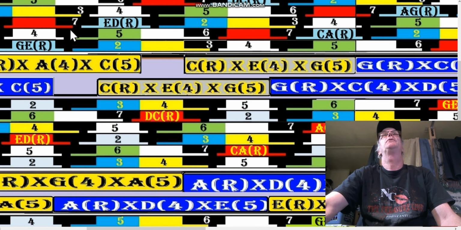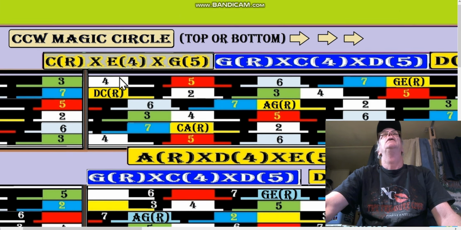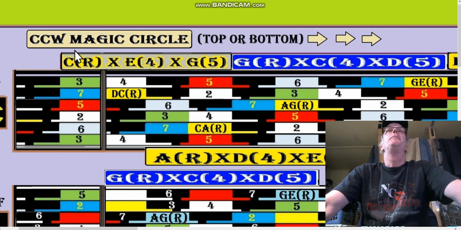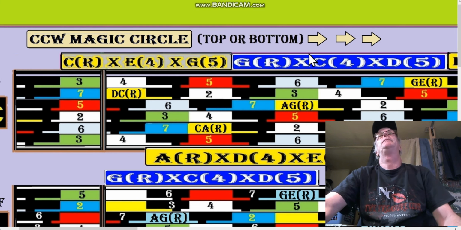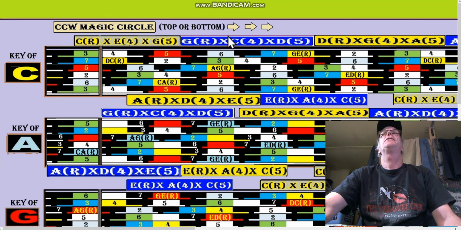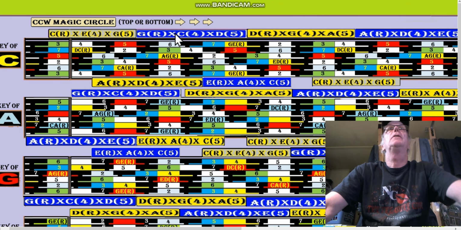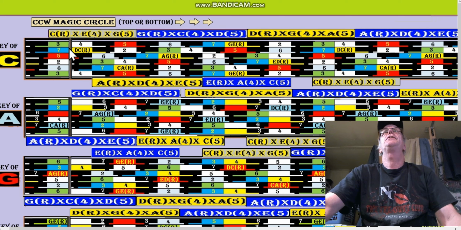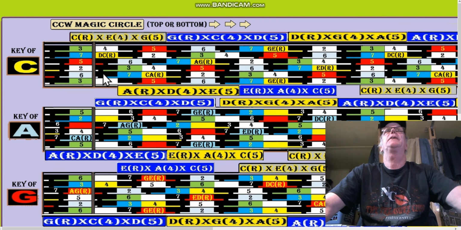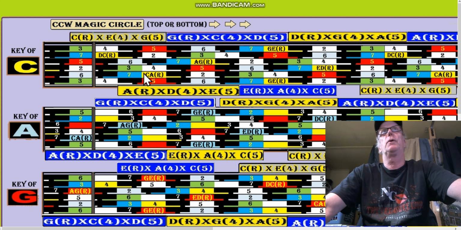I wanted to show you this up here. We'll travel way up here. It says up here, counterclockwise magic circle, top or bottom. What does that mean? That means that if this is the C CAGED, I'll stop moving it around. This is the C fretboard.